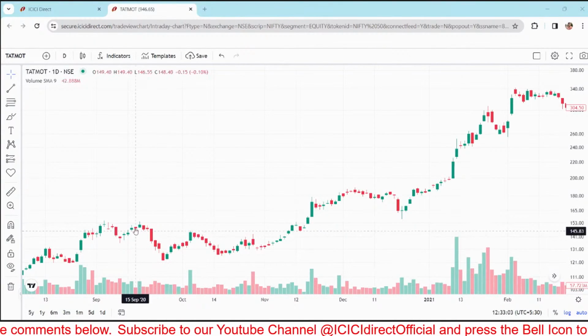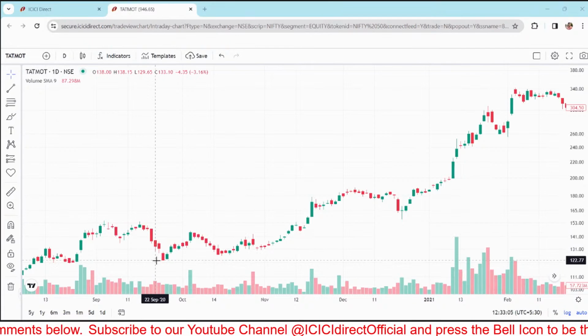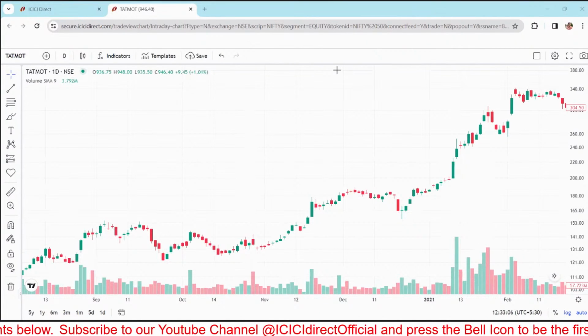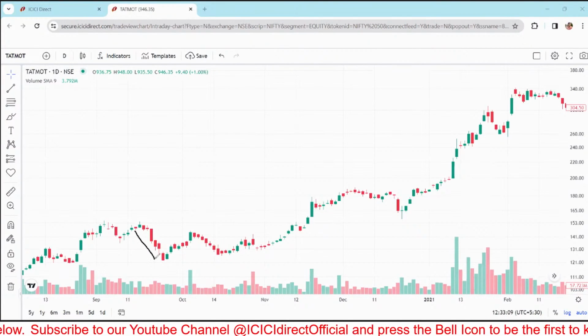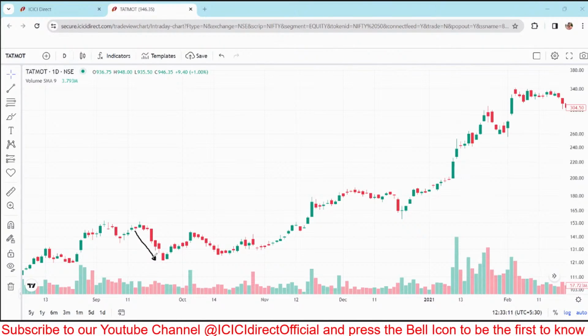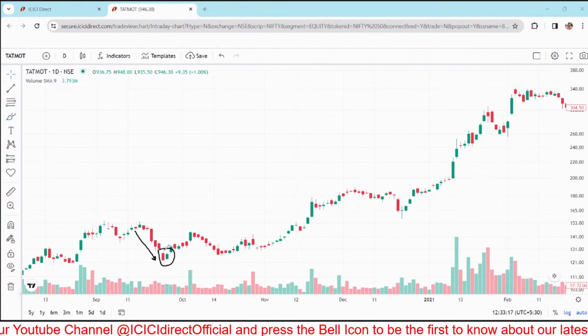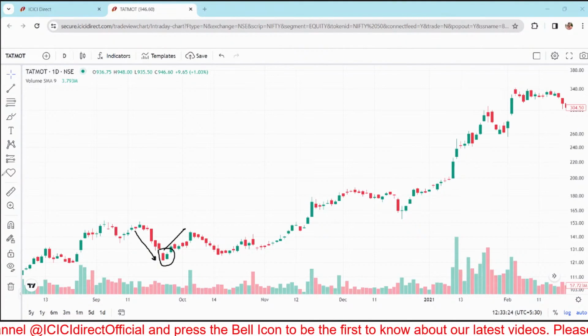Here the price is 122. So the price went from 154 to 122. It's a considerable downtrend, about 20% downside. And after this, there is a Harami made. There was a resumption of uptrend. This level is what? 120. This level is what? 140. 25 points you can easily capture here.